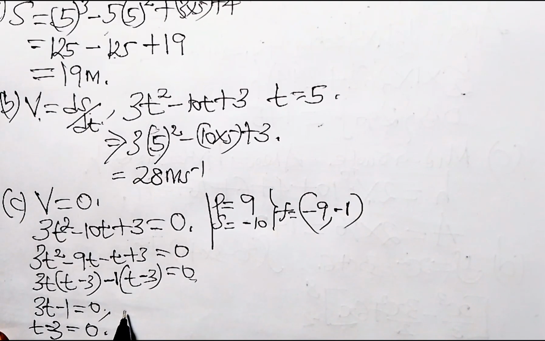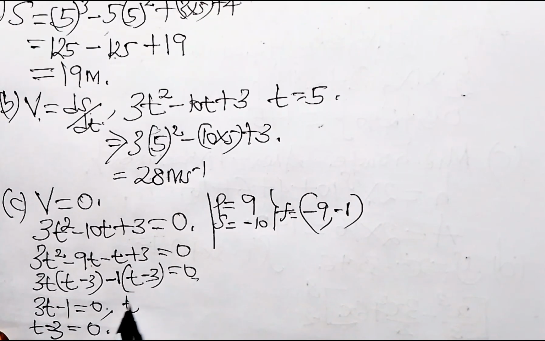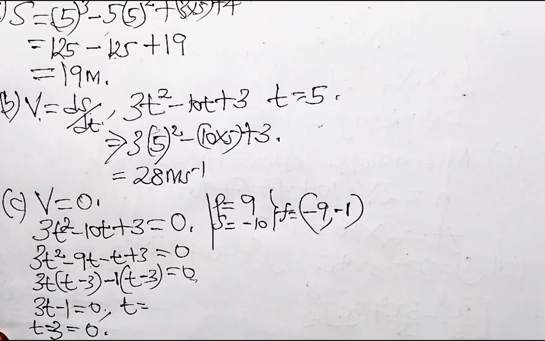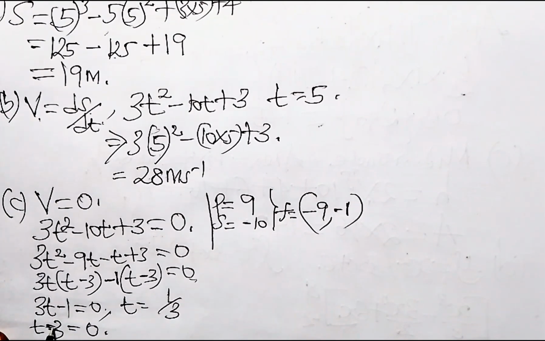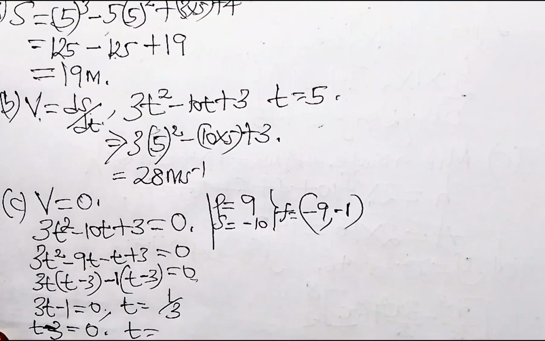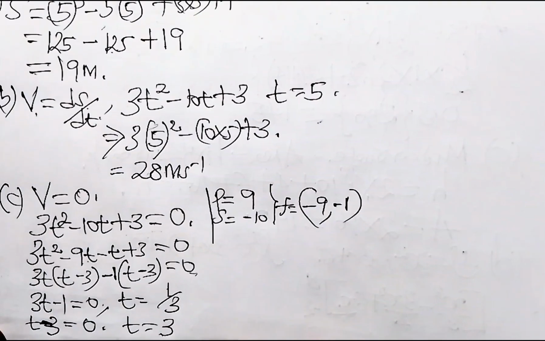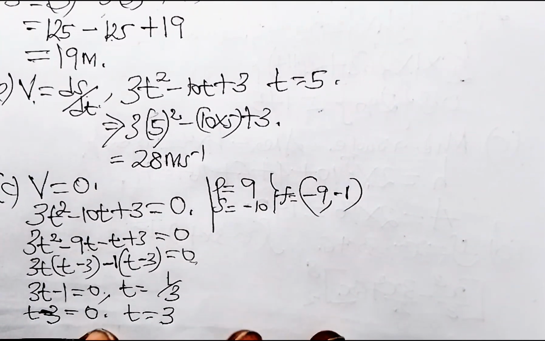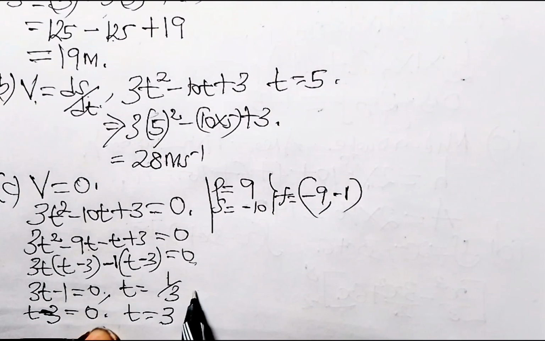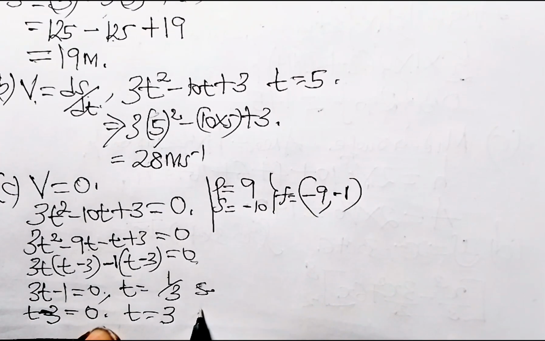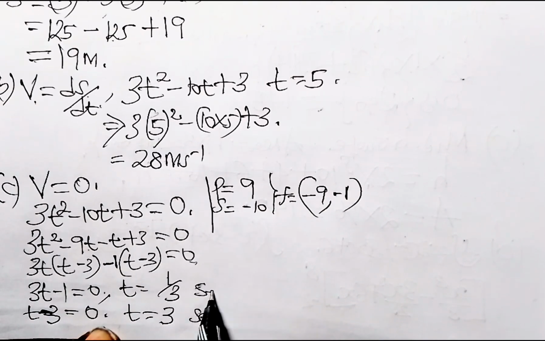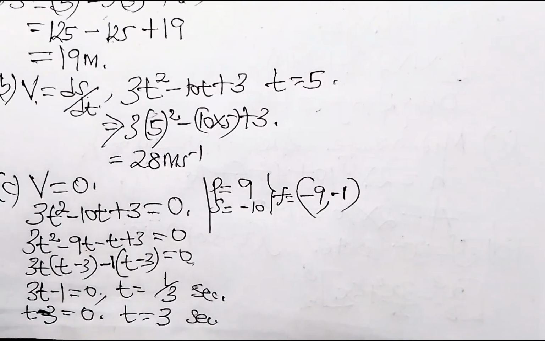So here it implies that t is equal to a third, and here t minus 3 equals 0, so t is equal to 3. Therefore, the particle will be momentarily at rest when t is equal to a third second and when t is equal to 3 seconds. So that is it.